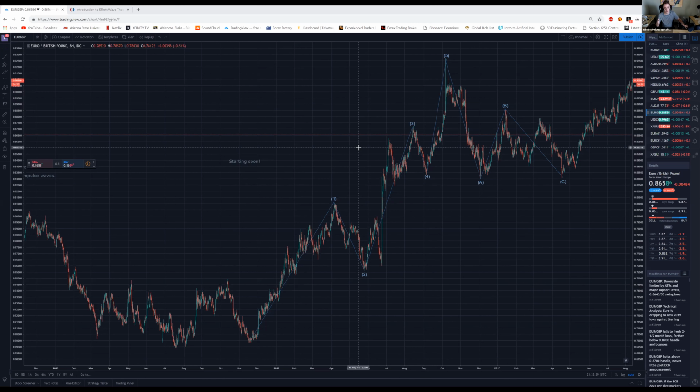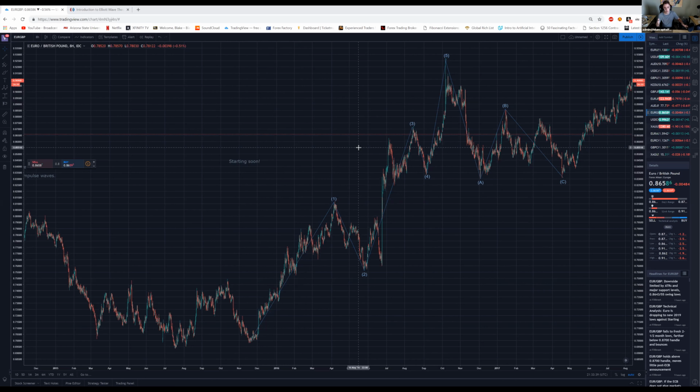I'll read them. It says, rule 1, wave 2 cannot retrace more than 100% of wave 1. So from the 1 to the 2 is wave 2, and all that's saying is essentially the 2 cannot be lower than here. This would not work for an Elliott wave.